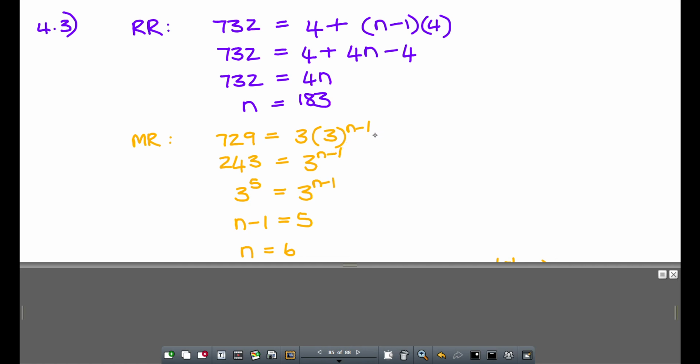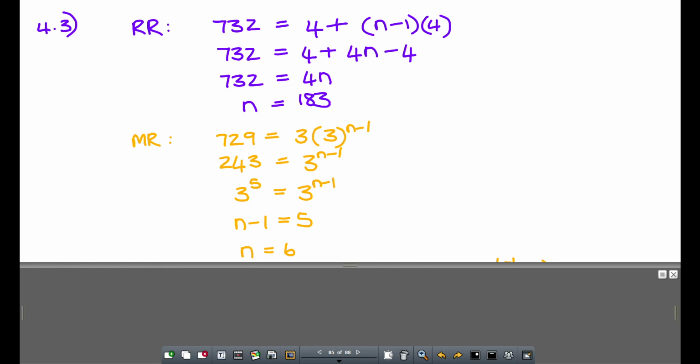Goed, so nou kan ons gaan uitwerk wat is n, om te sien hoeveel terme daar in daai meetkundige reeks is. So I first take that 3 over. So 729 divided by 3 would give me 243. Dan wil ek hulle nou elkeen in eksponensiële vorm gaan skryf. En 243 is dieselfde as 3 tot die mag 5. Now, because base is the same on both sides, I can make exponents equal to each other, which means that n will be 6.